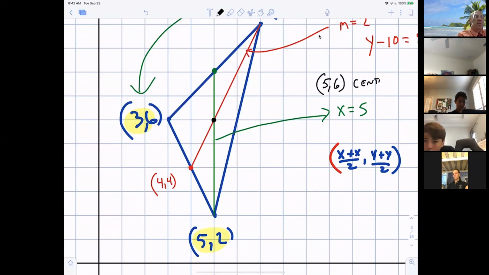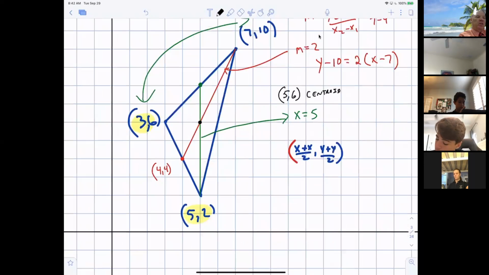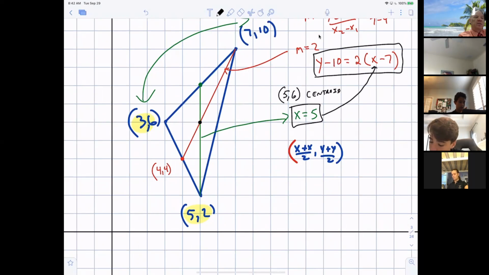But the reason why I said this was kind of wimpy was because I wanted to actually solve the system of equations. I have the equation of this line, and I have the equation of this line, and I need to find out where they intersect. So I just plug 5 in for x. If I plug 5 in for x, what do I get?